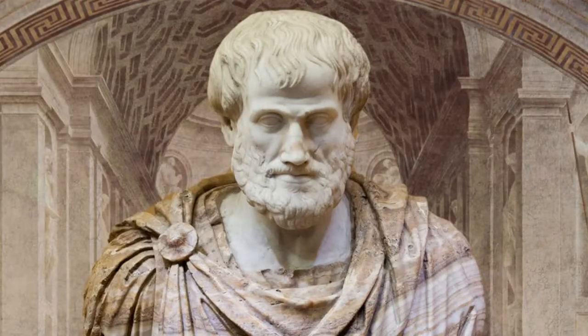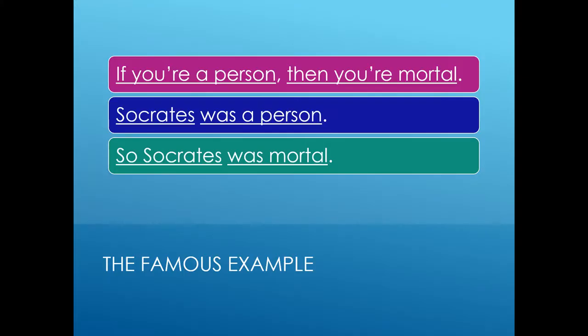Speaking of which, okay, so here we start with a rule. This sounds familiar, right? The structure of thinking. We start with a rule. We apply it to a set of facts, and the facts that Aristotle was applying his rule to were that Socrates is a person. So now think about that.